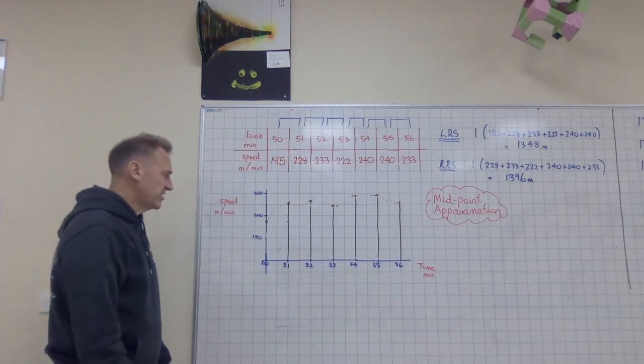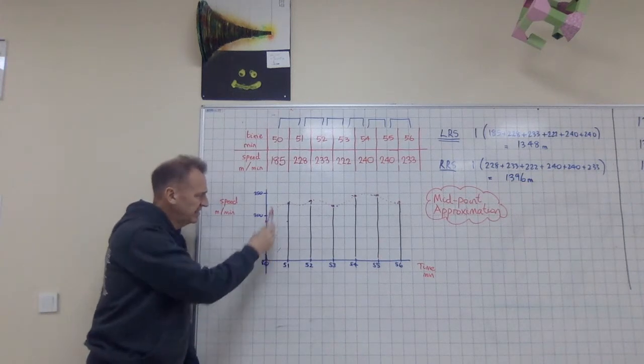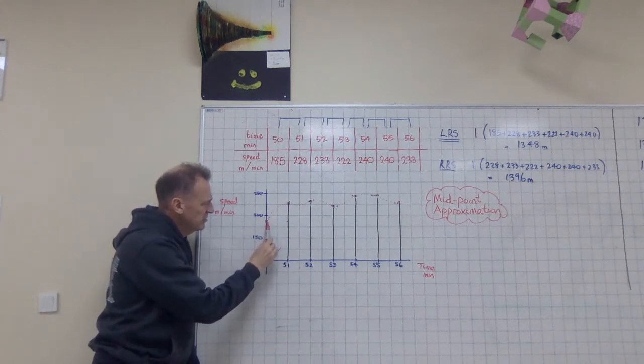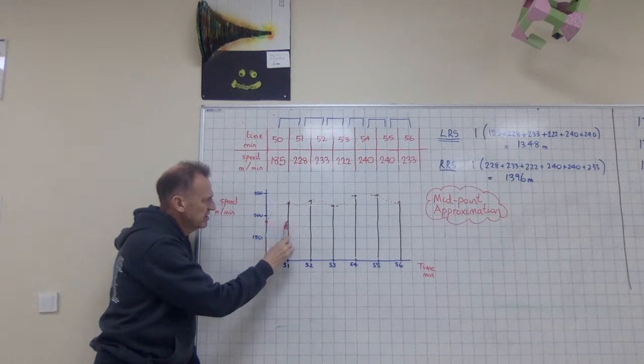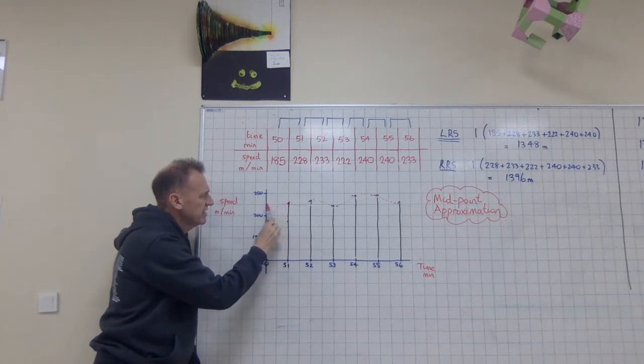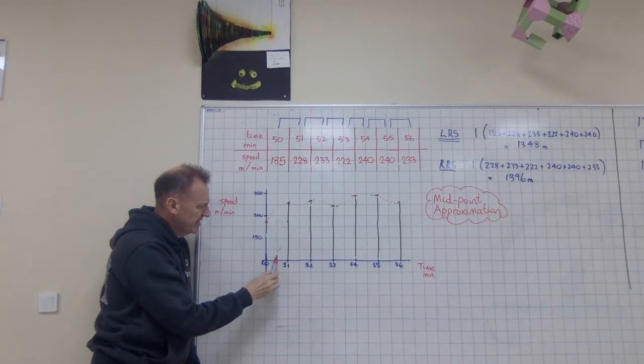And what it does is this. It says, well, since the left Riemann sum gave us this area, and the right Riemann sum gave us this area, why don't we take the value of the function in the middle?